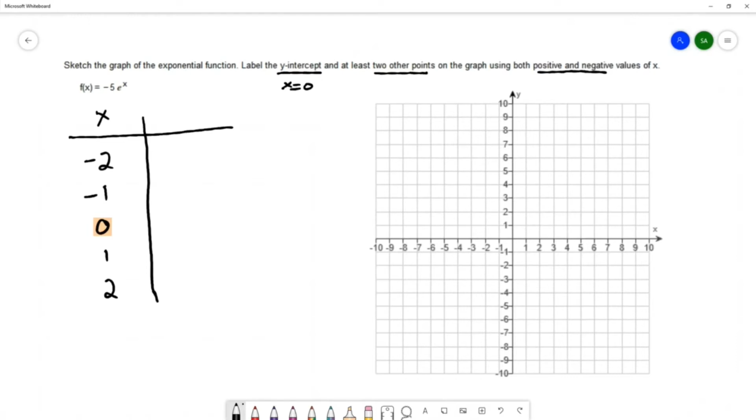We're going to substitute this into our function. In this example, we have f of x equaling -5 e to the x. e is approximately 2.718, and so we don't get very nice clean y values in this example.